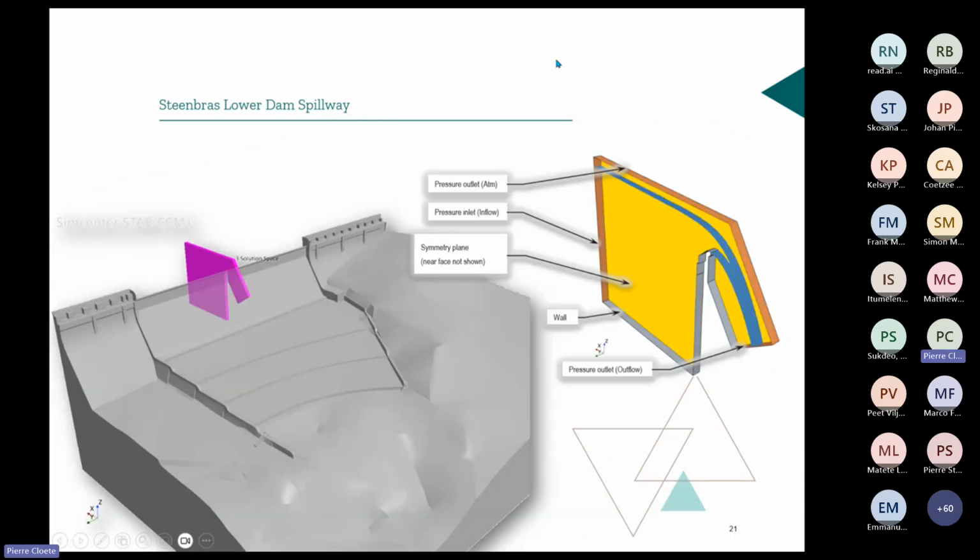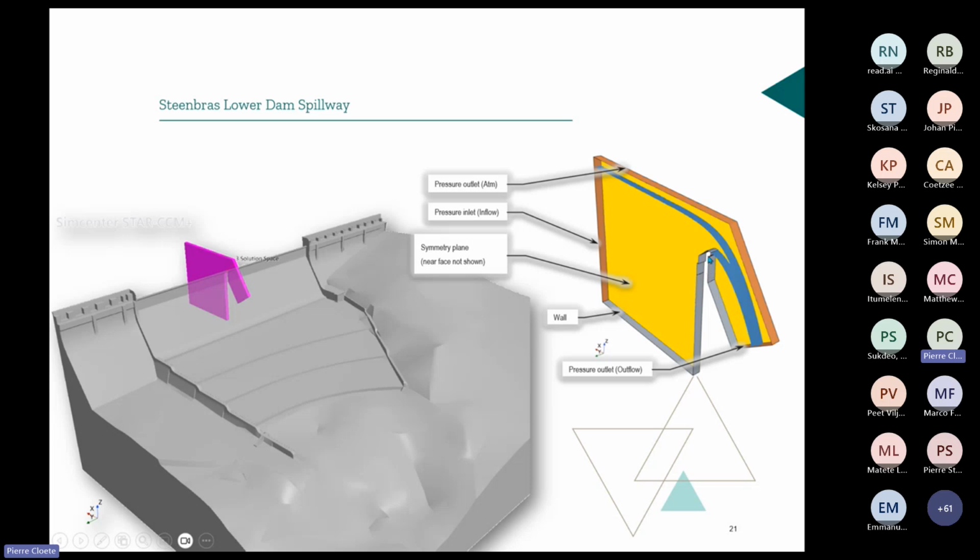And then again, similar to the upper dam spillway, we assigned different boundaries to the different areas in the solution space. Again, having a pressure inlet to provide a fixed upstream elevation, and a pressure outlet, which in this case was almost just free flow or free fall conditions, but also ensuring that the rear of the nappe is still ventilated.